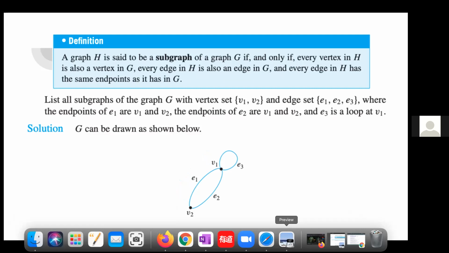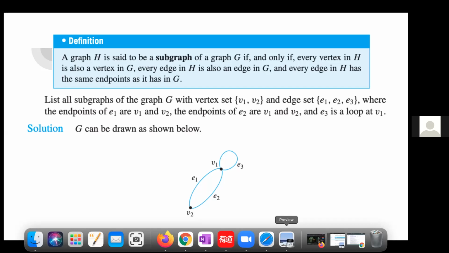So when we try to create a subgraph, it's more like listing out or drawing out all the subsets from the power set. A more detailed way of finding them: we first have V1, which is already a subset of the original graph, and then we draw V2.